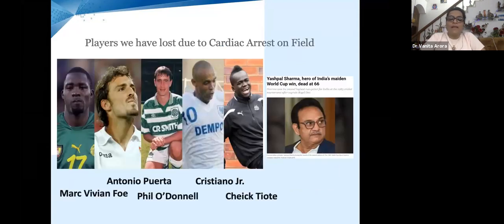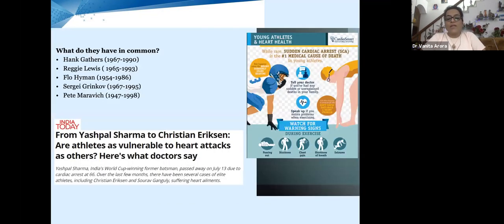And we have lost a few. Mr. Yashpal Sharma, our hero from cricket, I know he didn't die on the field, but he died of a sudden cardiac arrest. And our own very favorite past president of India, Abdul Kalamji, also died of sudden cardiac arrest while delivering a lecture. So it is not an unknown field.